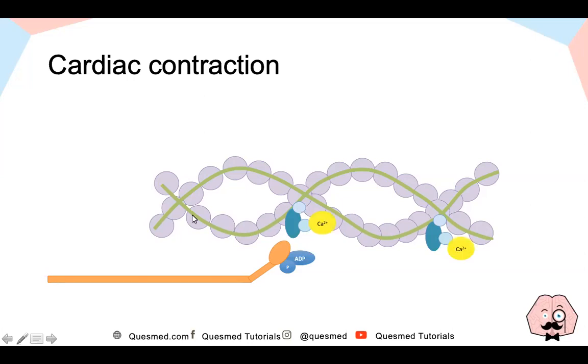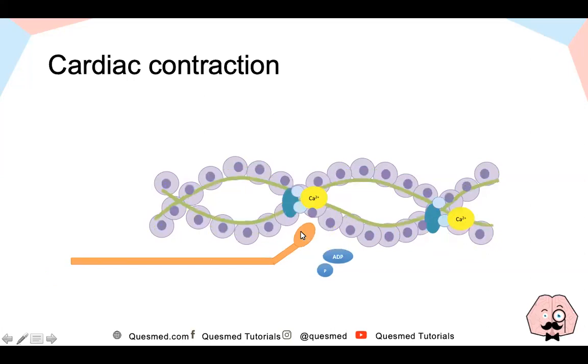When calcium is released into the muscle, due to an action potential being generated and causing depolarization of the muscle, lots of calcium is released, and calcium binds to the troponin C. This causes a conformational change in the muscle subunits, so the tropomyosin and the troponin can move out of the way, and the myosin binding sites on the actin become free.